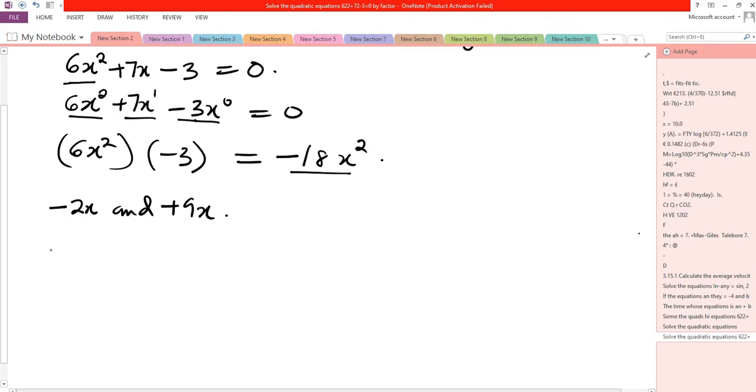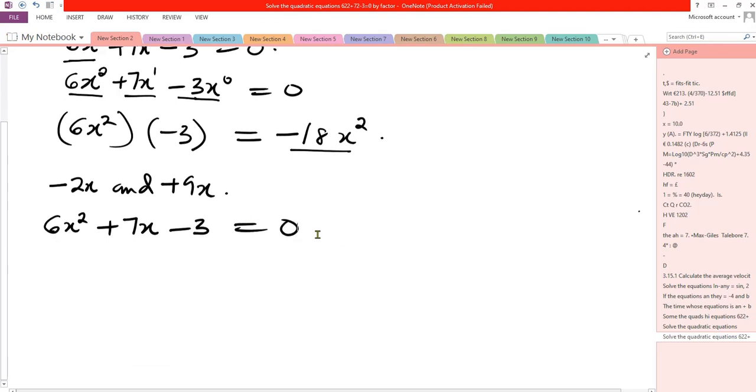So now we are going to rewrite this equation in a form that will be easier for us to factorize. The sum of these factors will give you plus 7x.